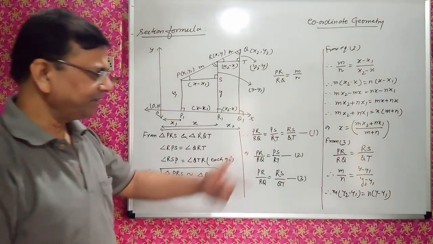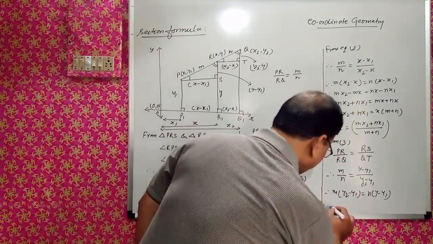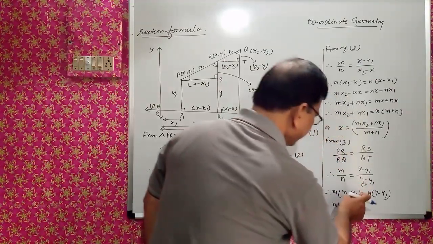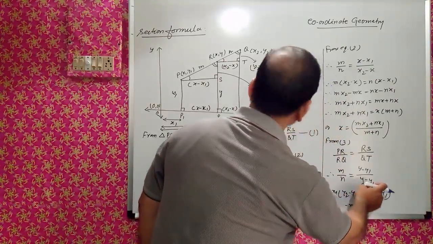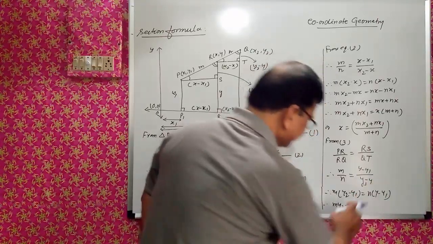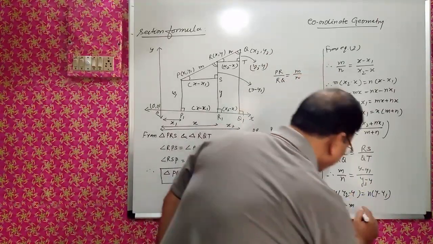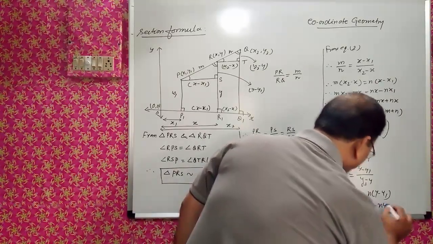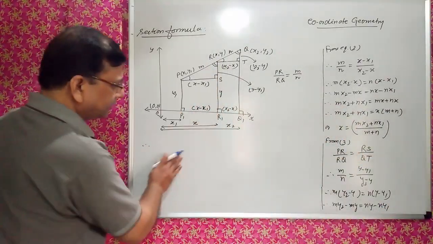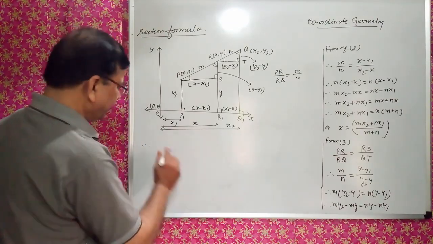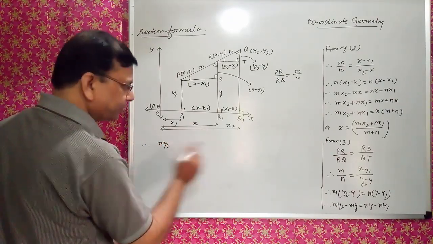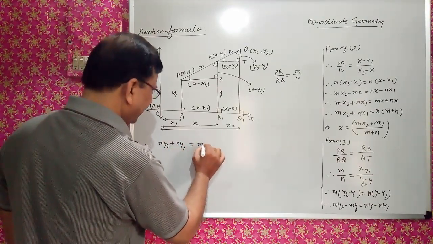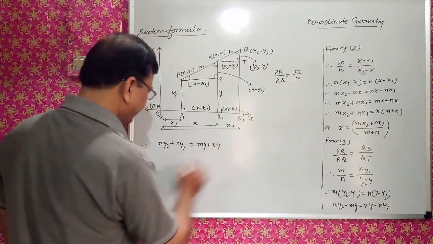Right? Again simplification in a similar manner. Therefore m y2 minus m, it is not y1, it is y. Right? My is equal to ny minus ny1. Next, therefore, my2 plus ny1 is equal to my plus ny.